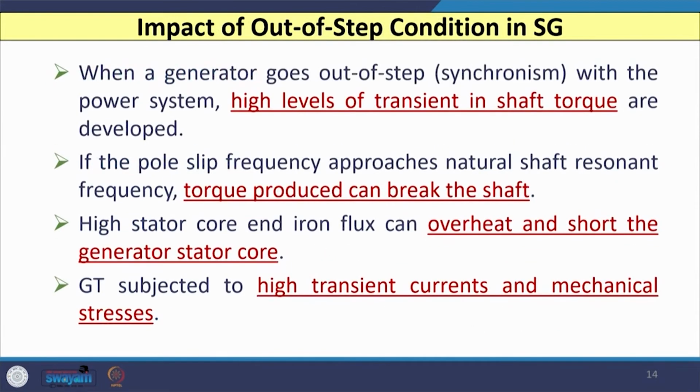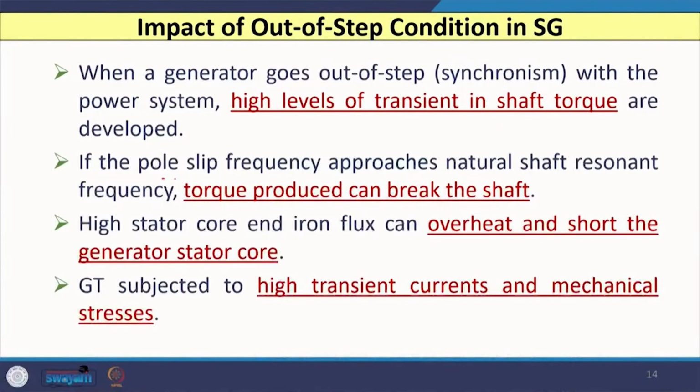When such an out of step condition exists in a generator, high levels of transient shaft torque are developed. If the pole slip frequency approaches the natural shaft resonant frequency, the torque produced in the worst case may break the shaft.